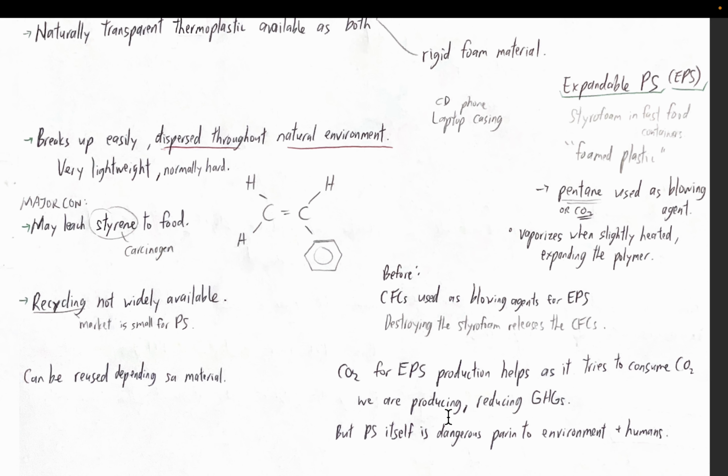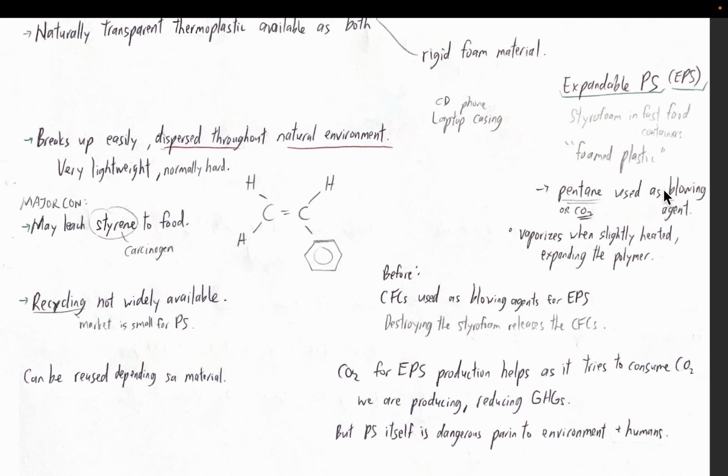But polystyrene itself is already dangerous to the environment and humans. So in a way, I think one synthesis to this idea is it's better that we avoid polystyrene. Maybe not to an extreme where we don't use it at all, but you just have to be aware that it's not good for the environment, even if you use CO2 for EPS production.